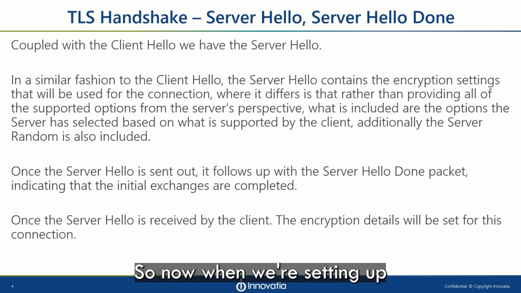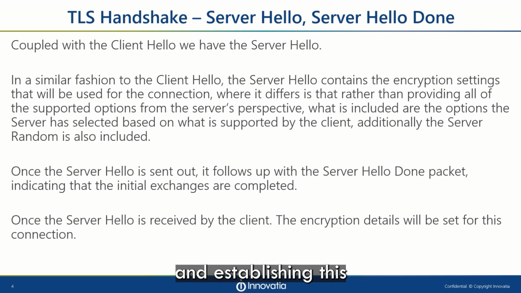So now, when we're setting up and establishing this TLS connection, the client and the server will both have access to the client random and the server random. That's one of the details that is sent out through the server hello packet.